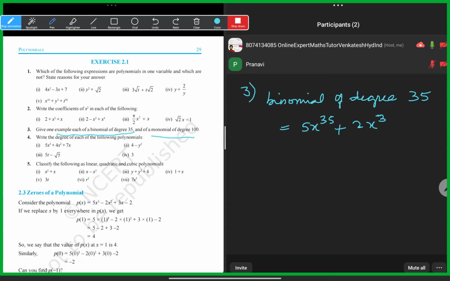And next one, a monomial of degree 100: 3x power 100. It is simply one term and the variable power is 100. So that's why it is a monomial of degree 100. The highest degree is 100.